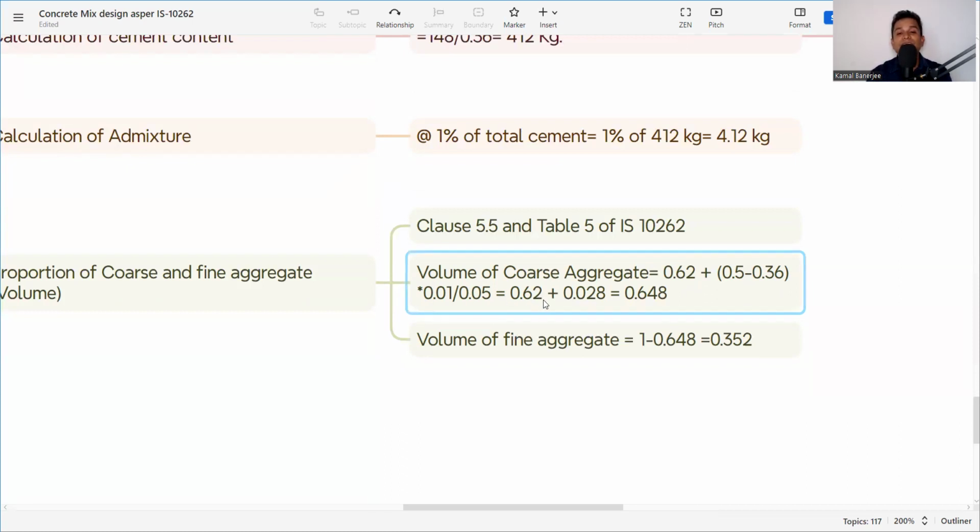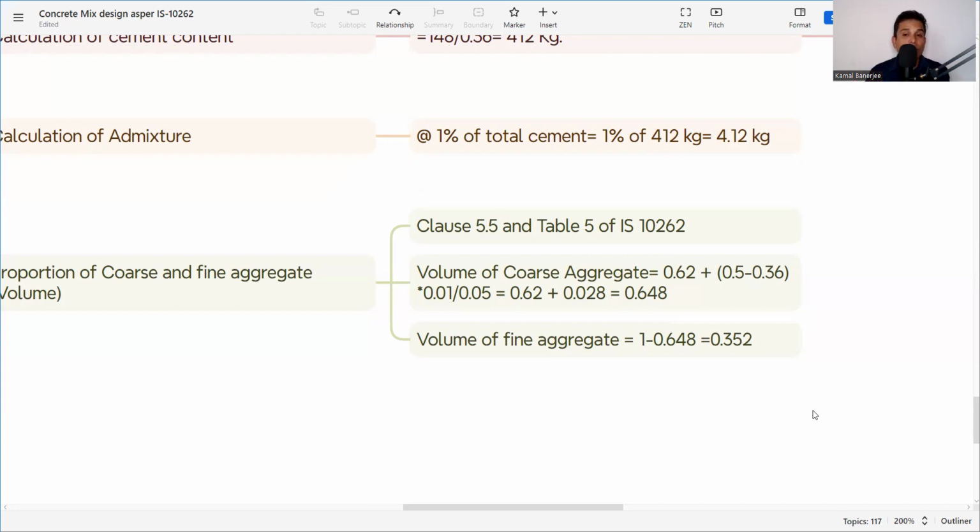So कितना होगा 0.62 plus 0.028, 0.648. So this 0.648 is my volume of coarse aggregate in total volume of coarse plus fine aggregate, and volume of fine aggregate 1 minus 0.648, 0.352. So 0.648 is the proportion of coarse aggregate and 0.352 is the proportion of fine aggregate.